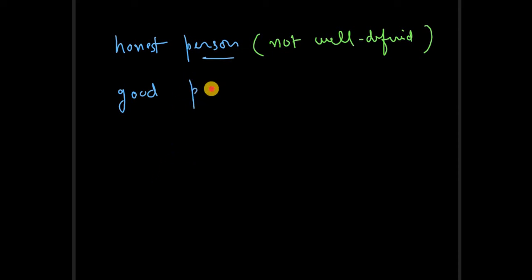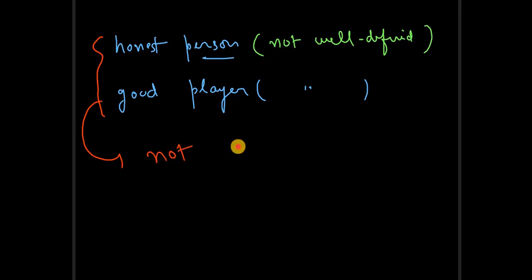So good players is also not well defined, so it is not a set. Similarly we have a lot of them, something like rich person, old people, young people, beautiful person. So these things that we have over here are not sets.